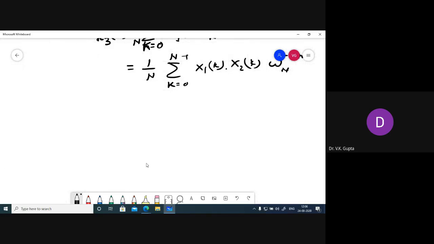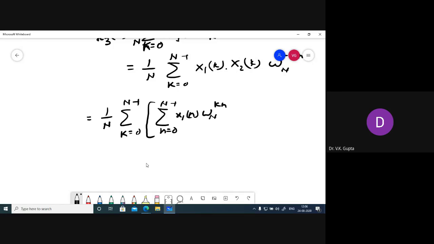So we can write 1 upon N, sigma k equal to 0 to N minus 1. X1(k) can be written as sigma n equal to 0 to N minus 1, x1(n) W_N^{nk}, the N-point DFT of the sequence x1(n).